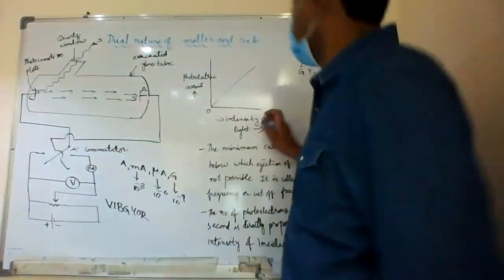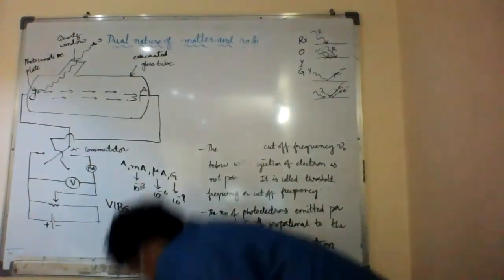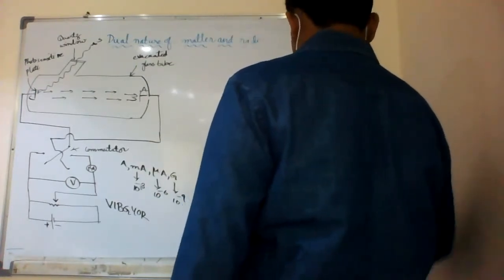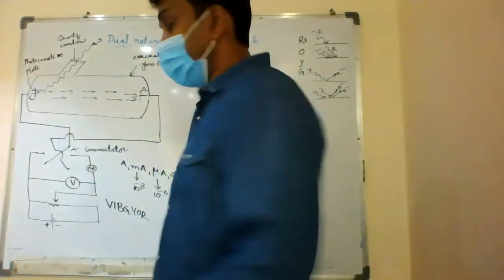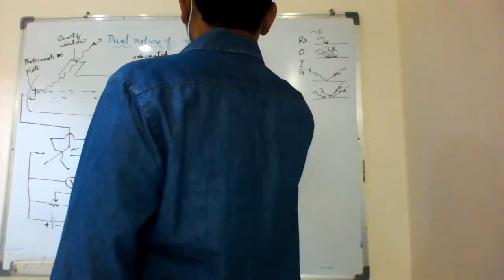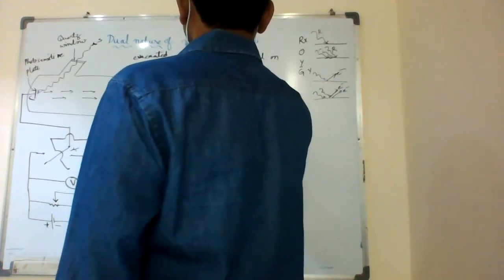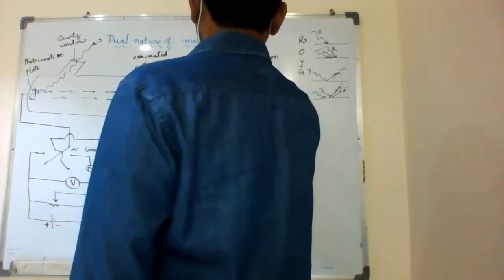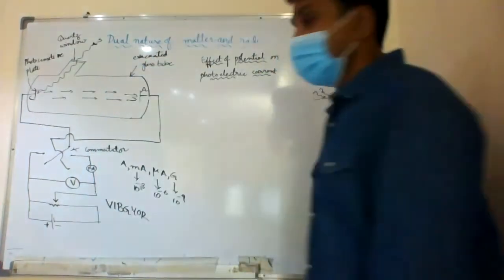So now, effect of potential on photoelectric current.